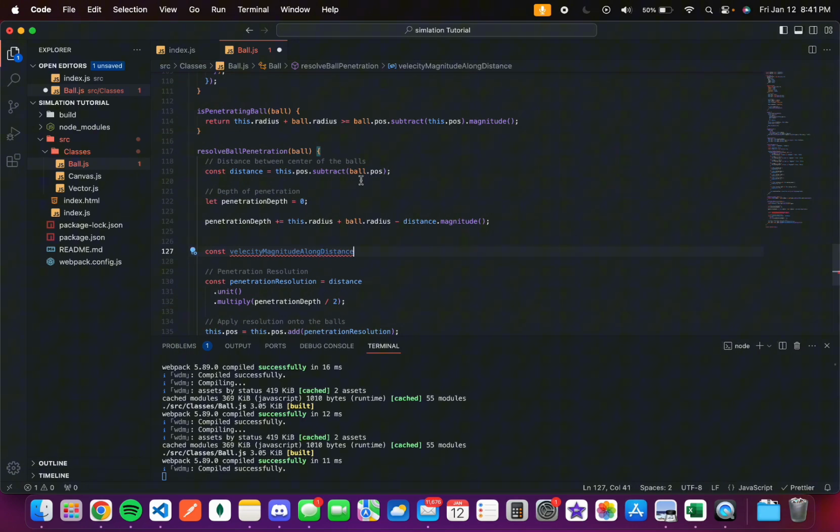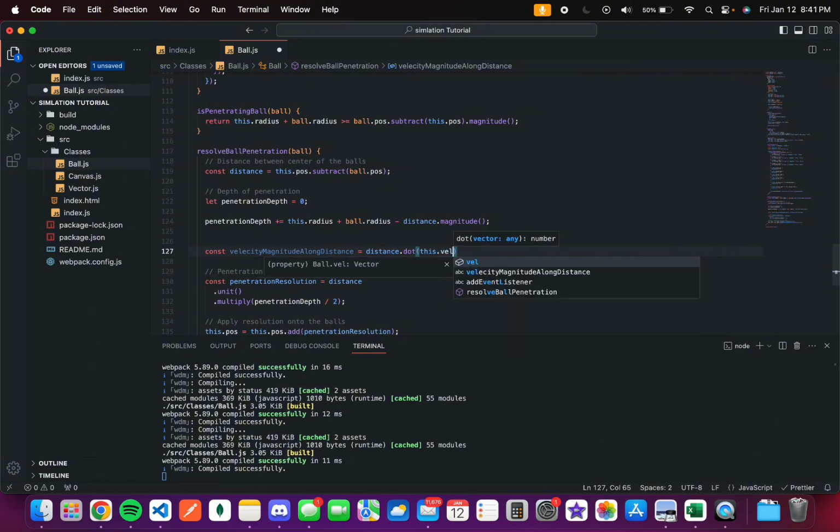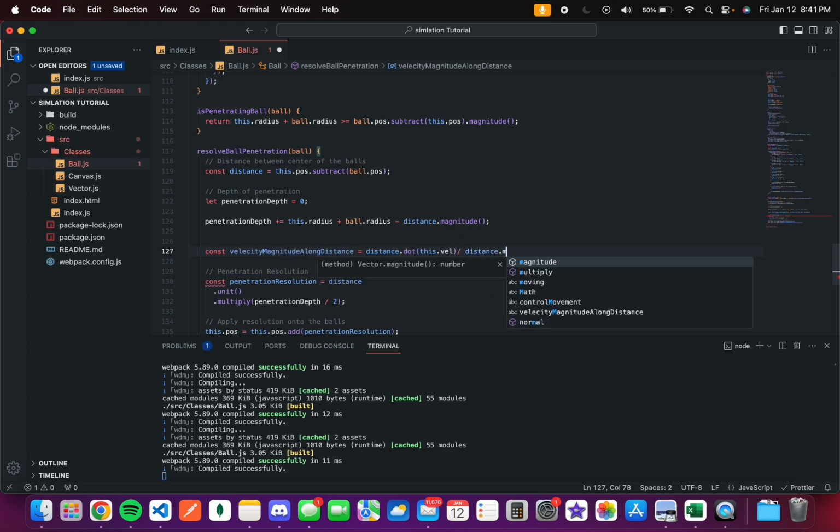And so in this case, the distance vector is distance. So what we do is we do distance dot this.velocity. So this is the velocity along the distance vector, and then we divide it by distance.magnitude.